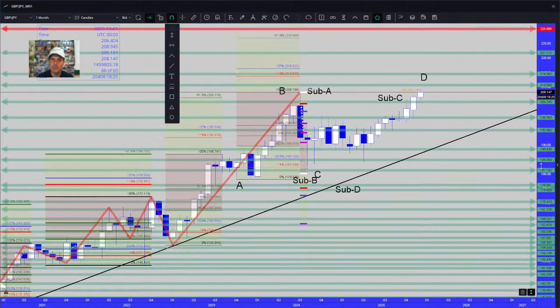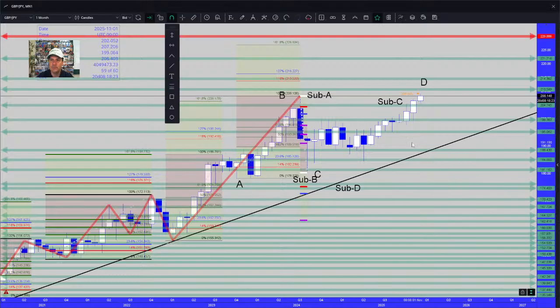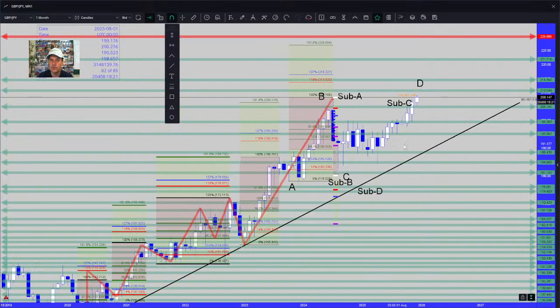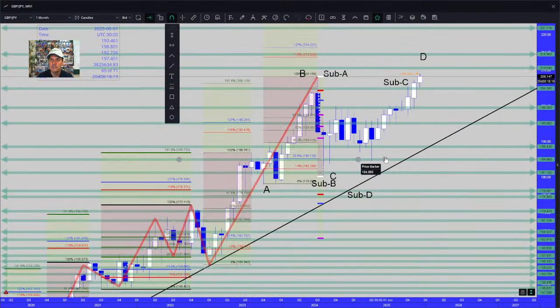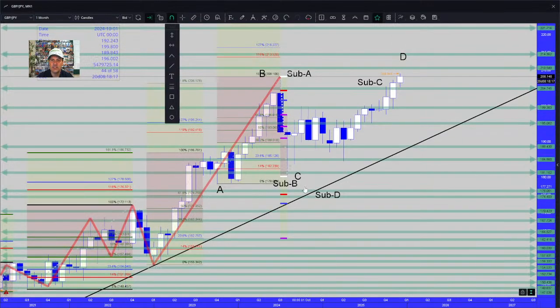Okay, everybody, GBP JPY, we have the sub A, sub B, sub C, sub D, and now we are going to chart the confirmation Fibonacci. Agreed, everybody? So this is the contrarian, and the market broke the contrarian, so bye-bye, the contrarian is not valid anymore.